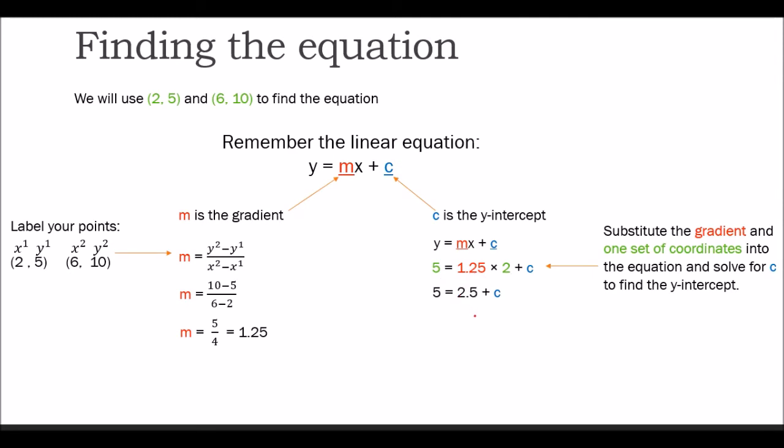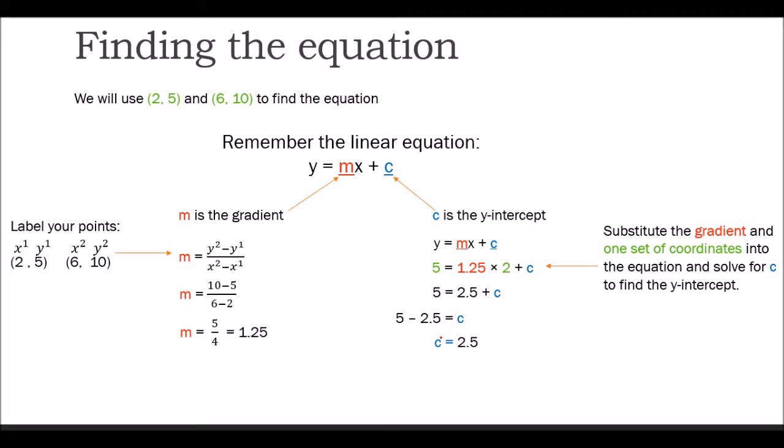Put that together, you get 2.5. What should I do next, Regan? You know this. I want to make c by itself, so what am I getting rid of? Yep, the 2.5. It's plus 2.5, so if I bring it to the other side, it becomes minus. So that means 5 minus 2.5 equals 2.5.